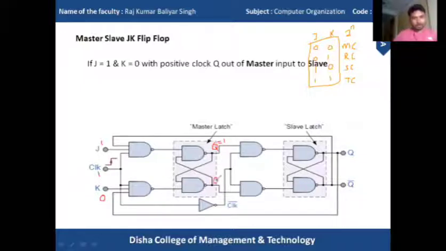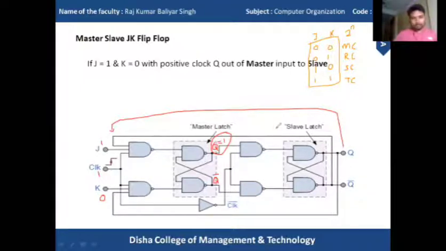So the slave will not receive that Q naught value, it will receive only the Q value. Then the Q value is received by the slave, and whatever the result, that will again feed back to this connection.